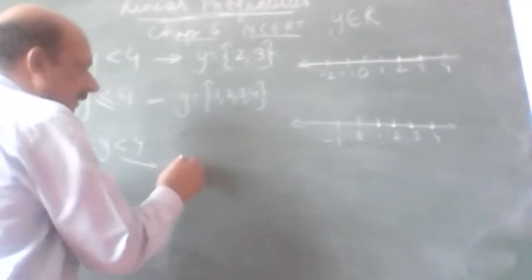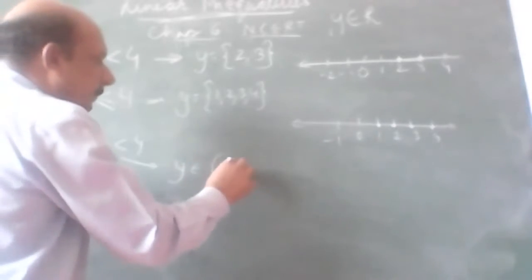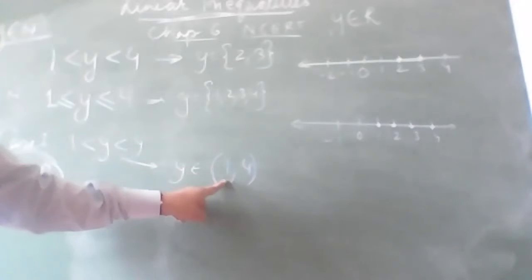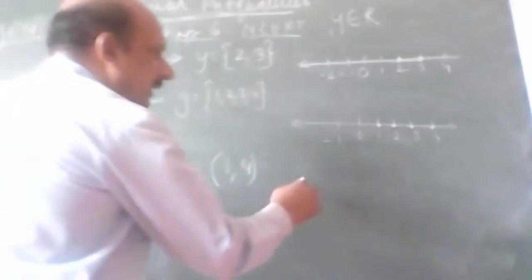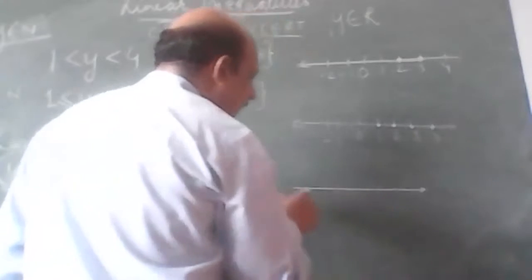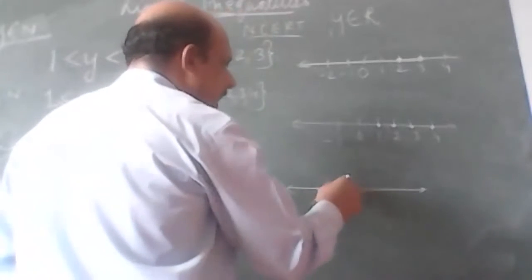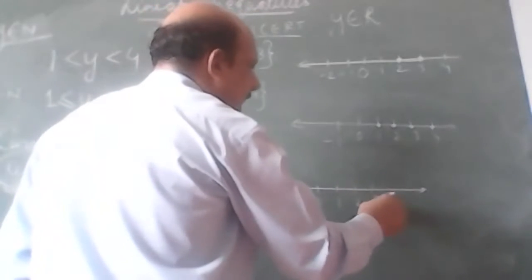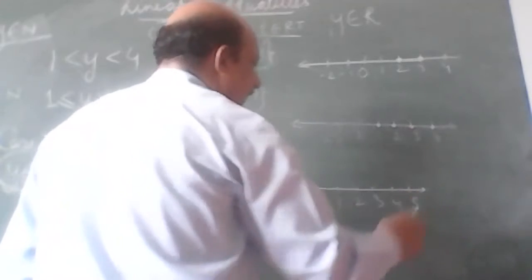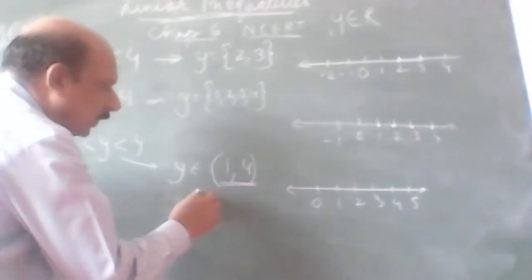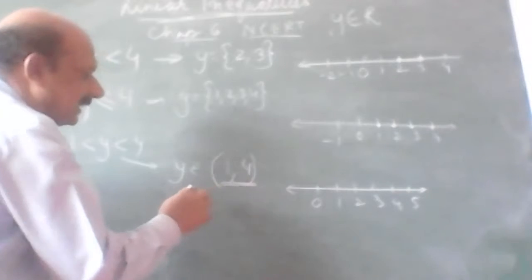Then it would be shown as y belongs to the open interval 1 and 4. How to depict it? The same number line. When it is an open interval, we show an empty circle.